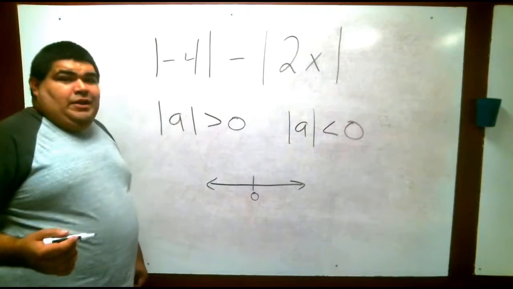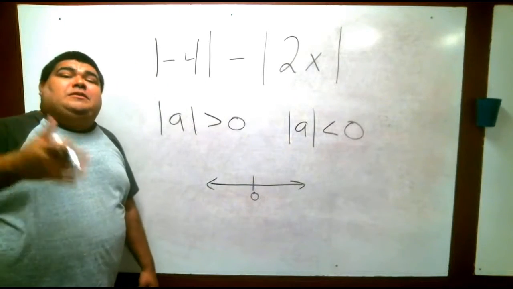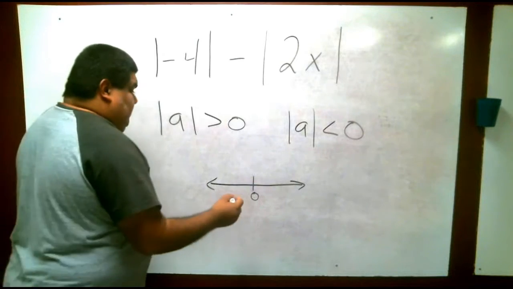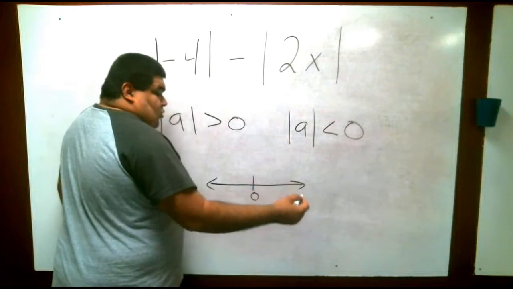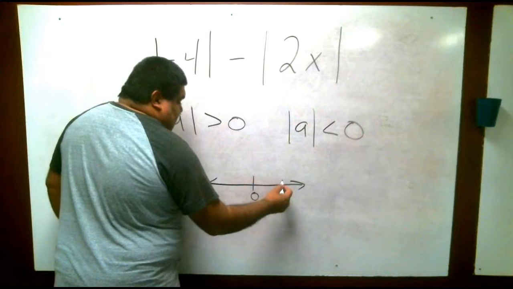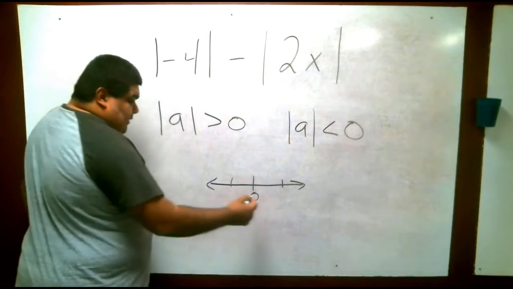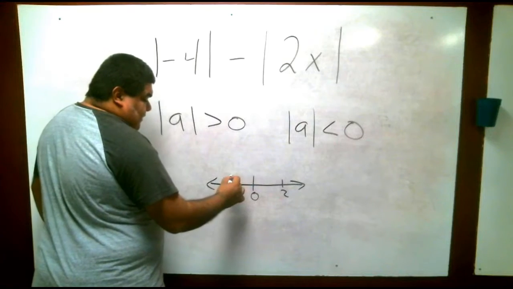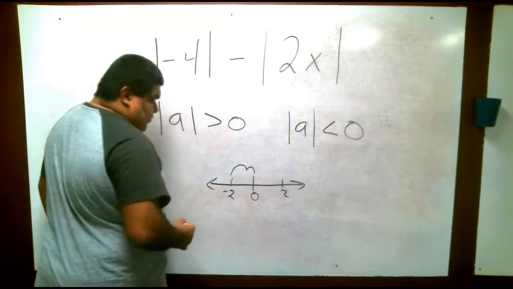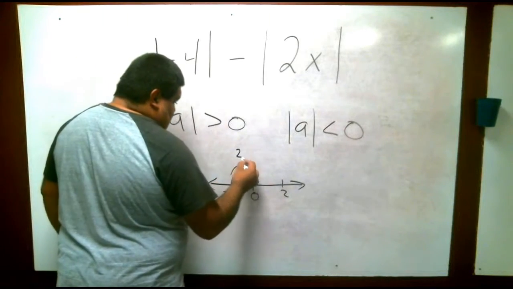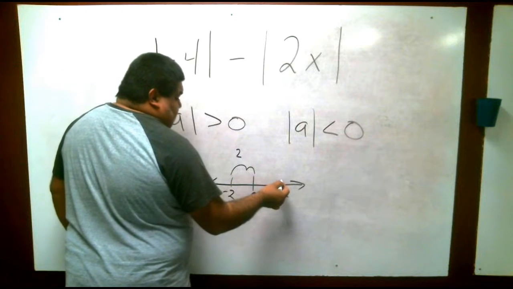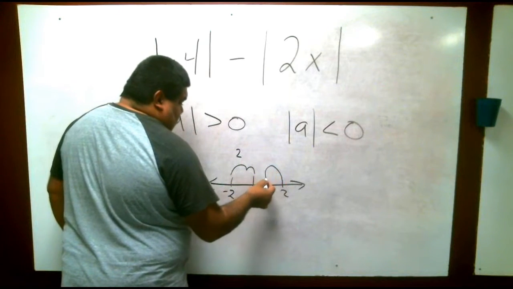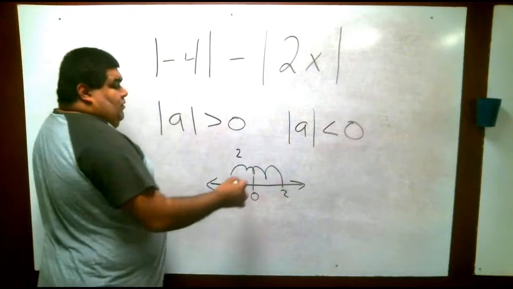The reason why usually absolute value has one positive, one negative is because you have the same number on both sides, okay? Let's say 2, -2. The distance from -2 to 0 is 2, okay? The distance from 2 to 0, it's 2.